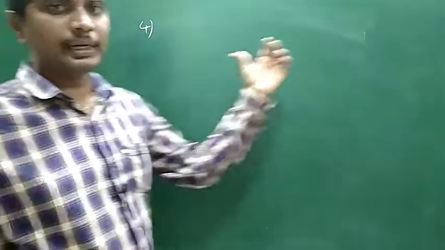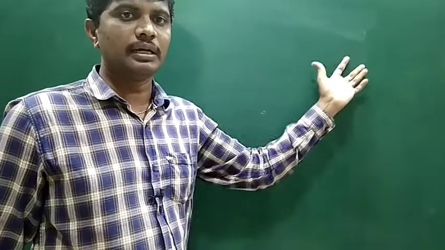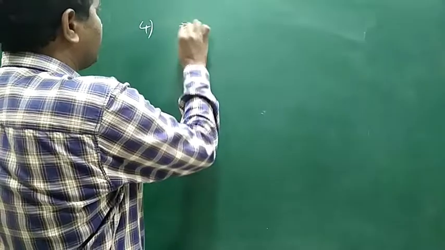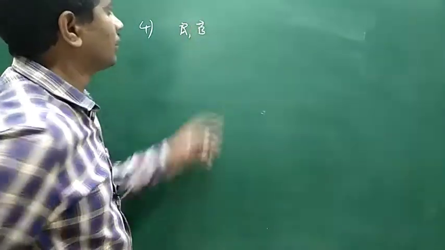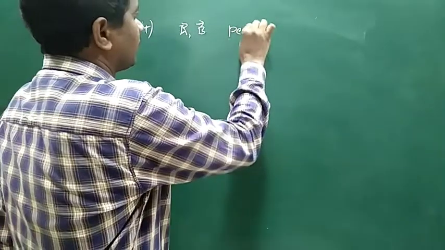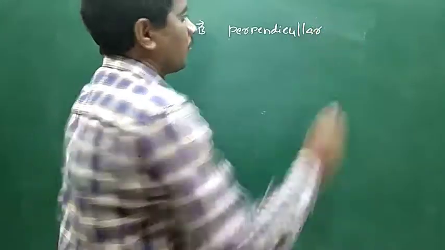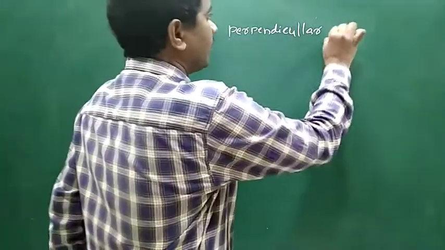The fourth property is, if A and B are two vectors that are perpendicular to each other, perpendicular means theta is equal to 90 degrees.